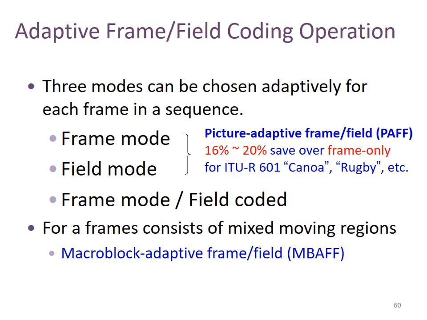When you study the H.264 codec, you may see this method, MBAFF, macroblock adaptive frame field. Actually, we are choosing between frame mode and field mode to process different macroblocks.